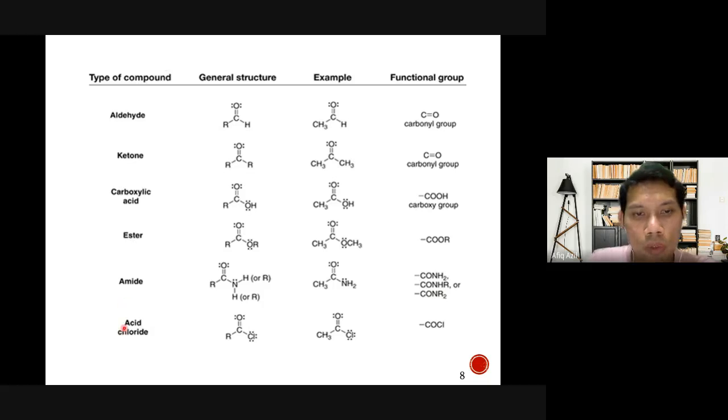And over here we have the acid chloride. So in acid chloride, the whole OH is going to be replaced with chlorine. So C double bond O Cl. The functional group will be C double bond O Cl. So this is an acid chloride.